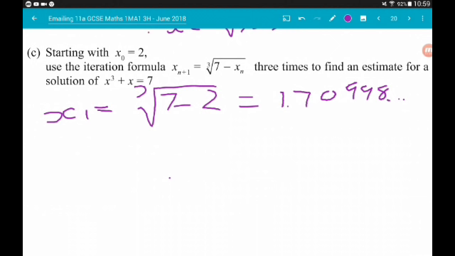So x2 is equal to the cube root of 7 minus x1. So minus the 1.70998.